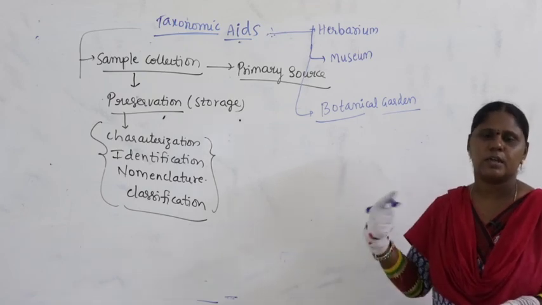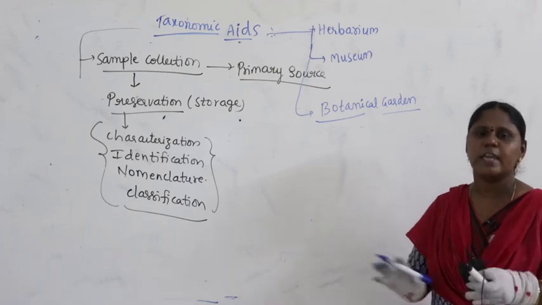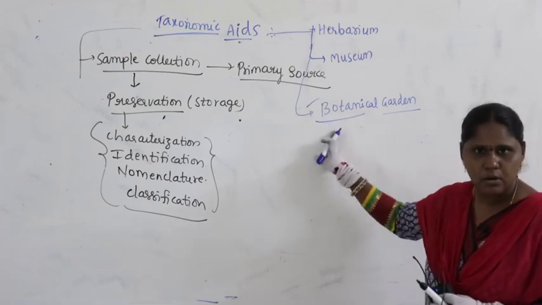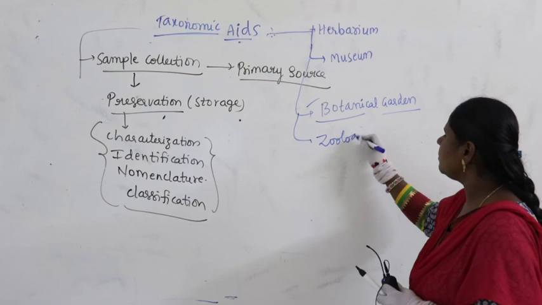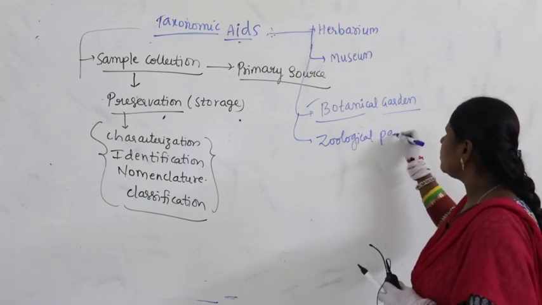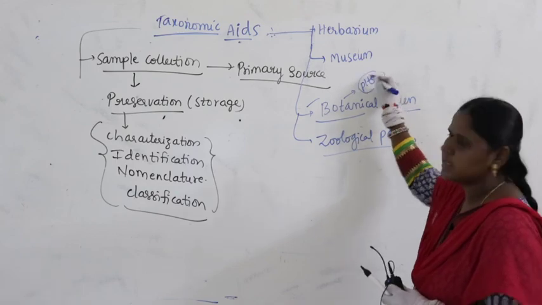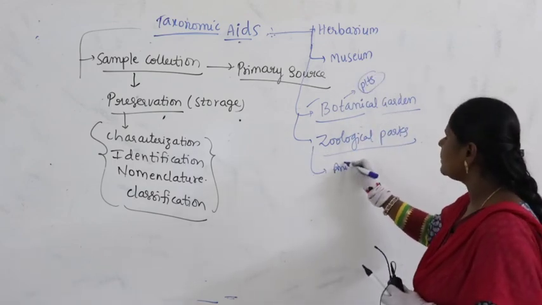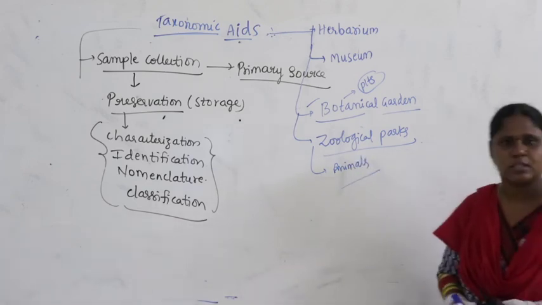If you want to study the complete life cycle, you need some space in the environment. So we allot some space for the growth of plants. The place we mostly call botanical gardens, right. And then we have zoological parks. So for plants, the environment for cultivation is the botanical garden. For storage and study of animals, we provide a particular habitat that we call zoological parks.